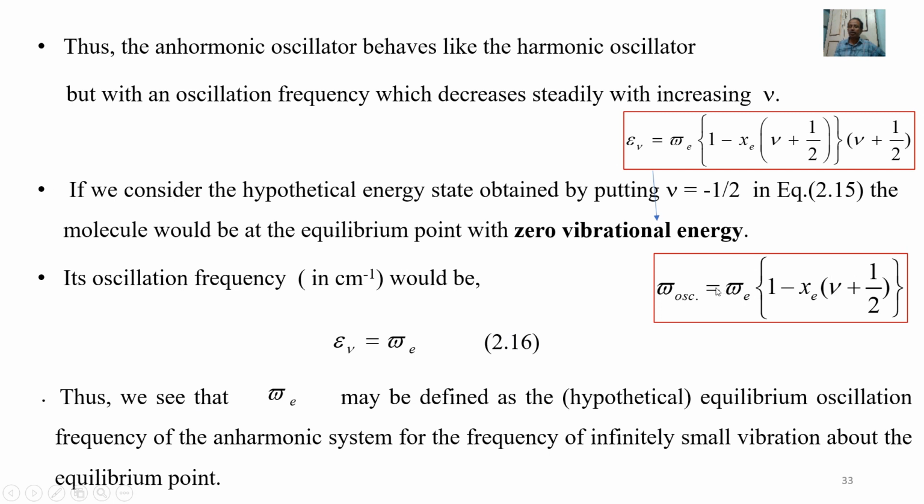This gives us equation 2.16. Thus we see that omega E may be defined as the hypothetical equilibrium oscillation frequency of the anharmonic system, the frequency of infinitely small vibration above the equilibrium point.